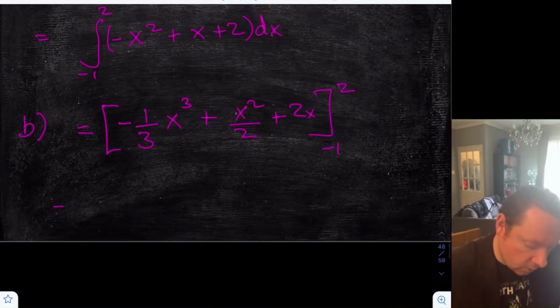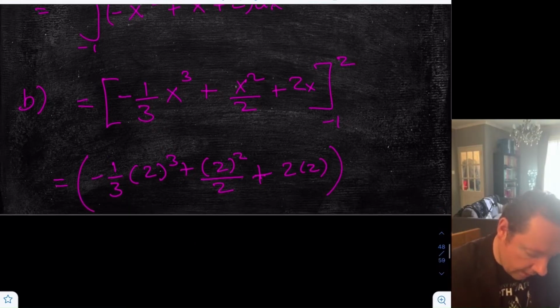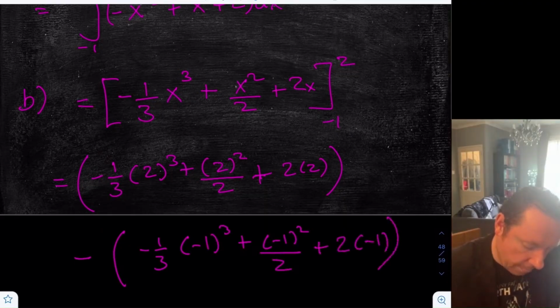Subbing in our numbers, we get -1/3 of 2 cubed plus 2 squared over 2 plus 2 times 2. That's our first one. Take away -1/3 times -1 cubed plus -1 squared over 2 plus 2 times -1.